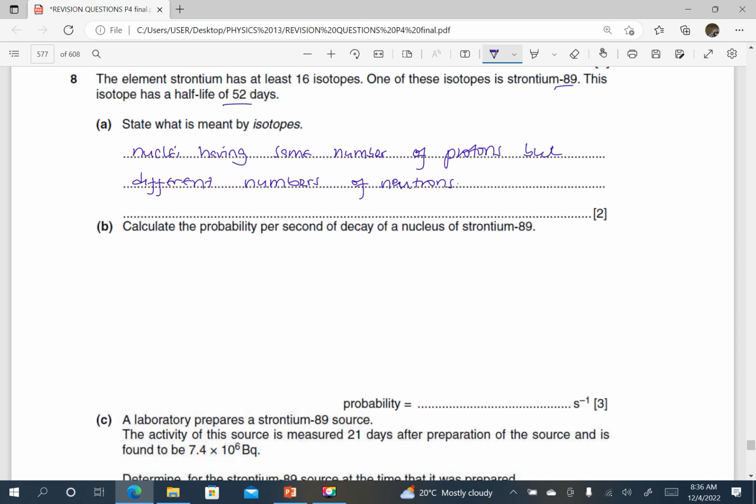Calculate the probability per second. That is decay constant, of course, of a nucleus of strontium.